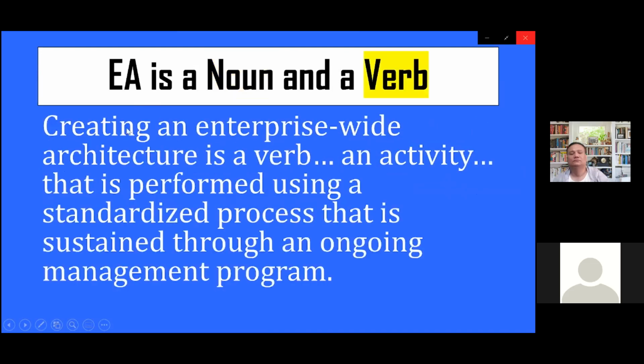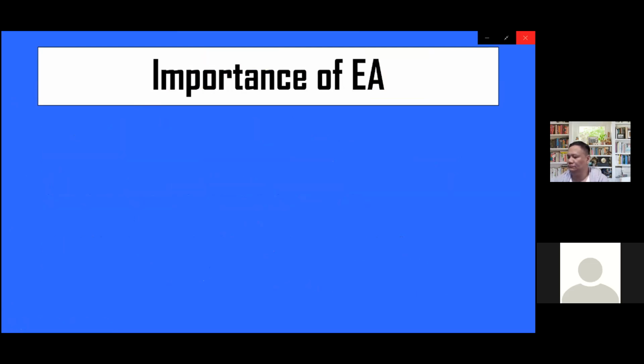On the other hand, when we look at EA as a verb, you could say that it is an activity performed using a standardized process that is sustained through an ongoing management program. So yeah, that is EA.